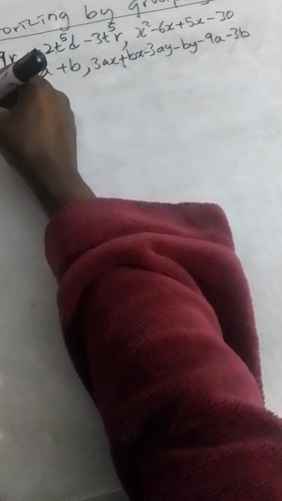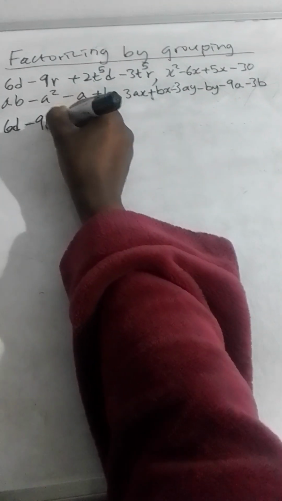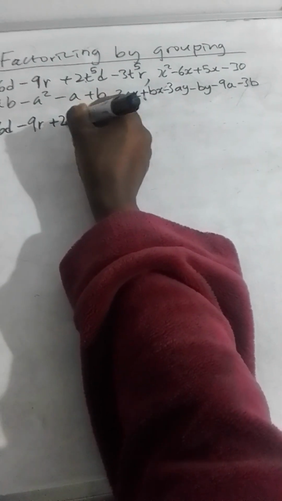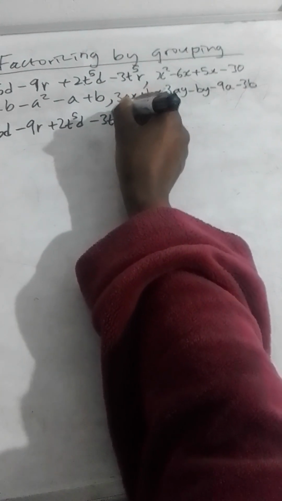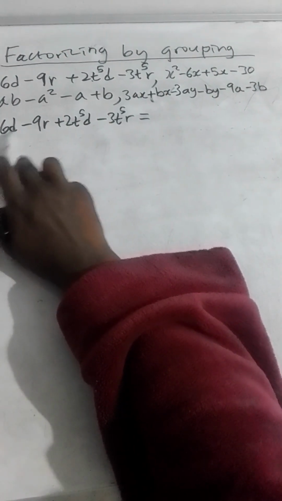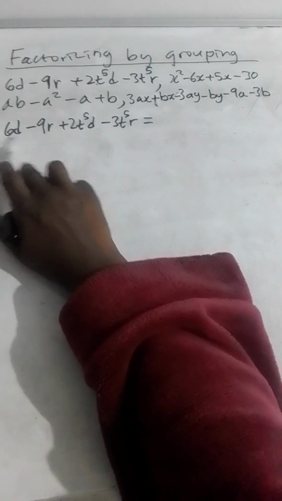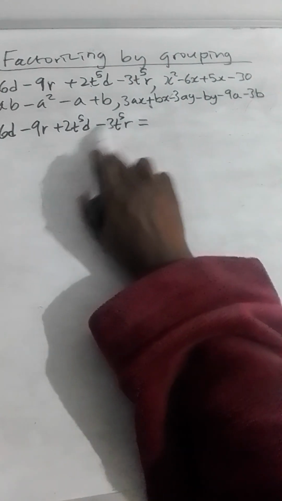First example. For the first example, we have 6d minus 9r plus 2t to the power 5d minus 3t to the power 5r is equal to, we check. Here on the 6d and the 9r, there is a common factor of 3. Here on this, there's a common factor of 2t to the power 5.